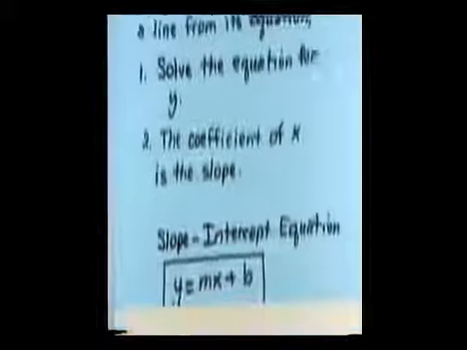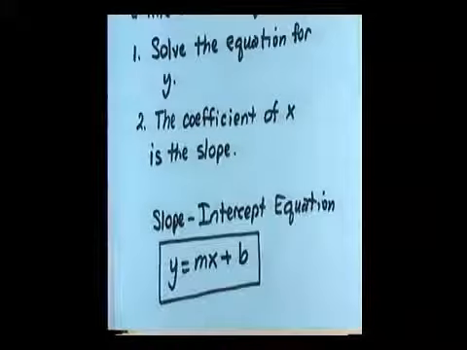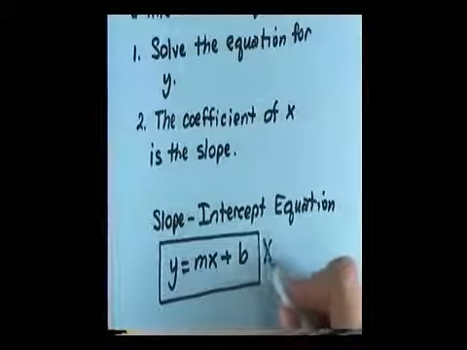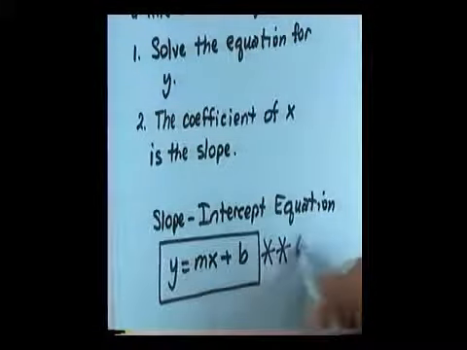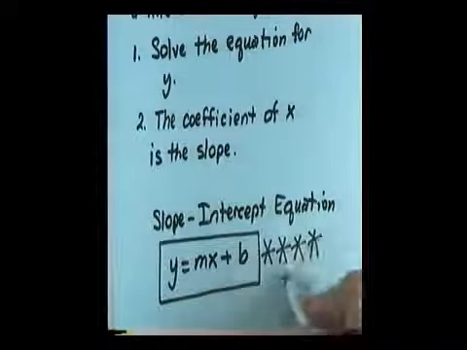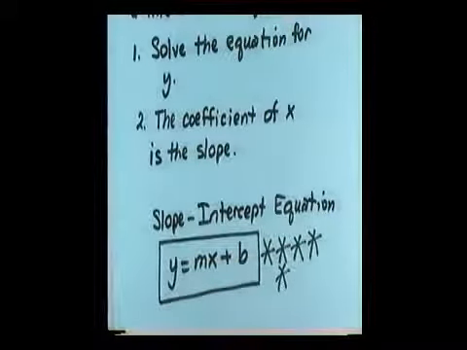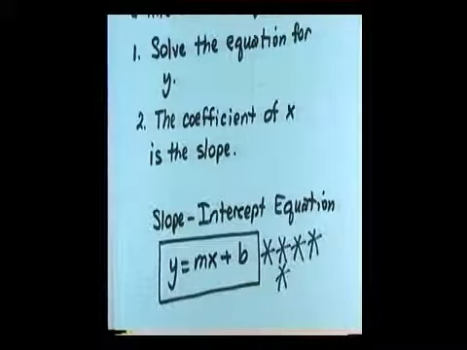The slope-intercept equation of a line is y equals mx plus b. This is a form that you'll see often. This is a very, very important equation. I'll give this lots of stars also. Y equals mx plus b is a form of the equation of a line that's very important to you.